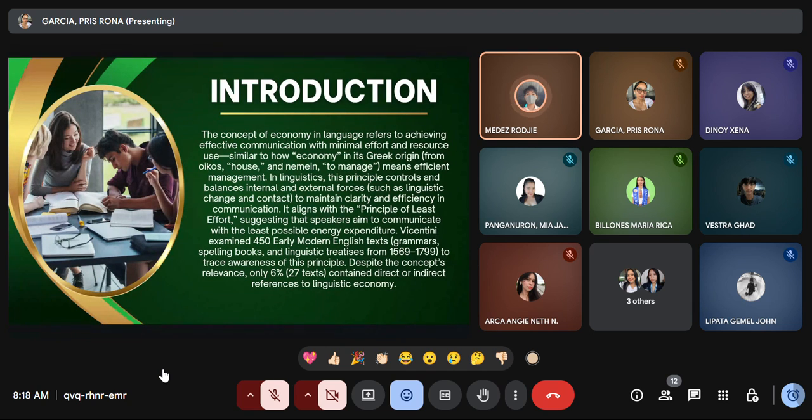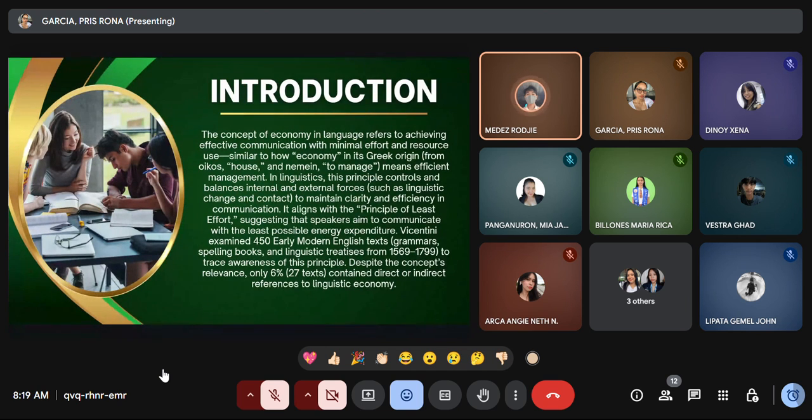It aligns with the principle of least effort, suggesting that speakers aim to communicate with the least possible energy expenditure, like what Vicentini studies is all about. So instead of overwhelming the students with too many rules or technical terms, we focus on what's most essential and useful for communication.